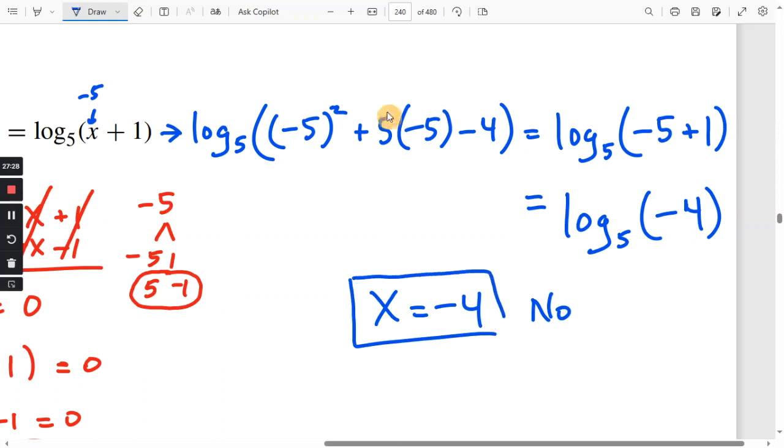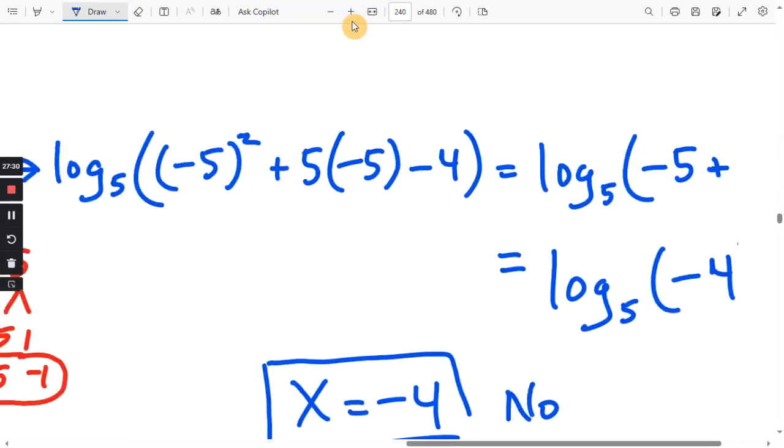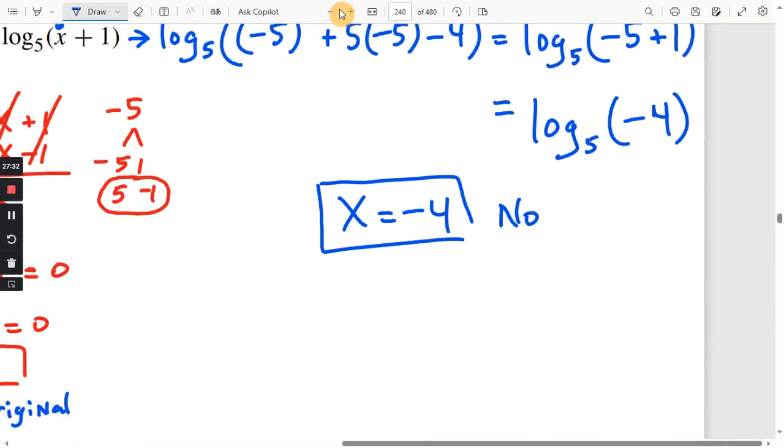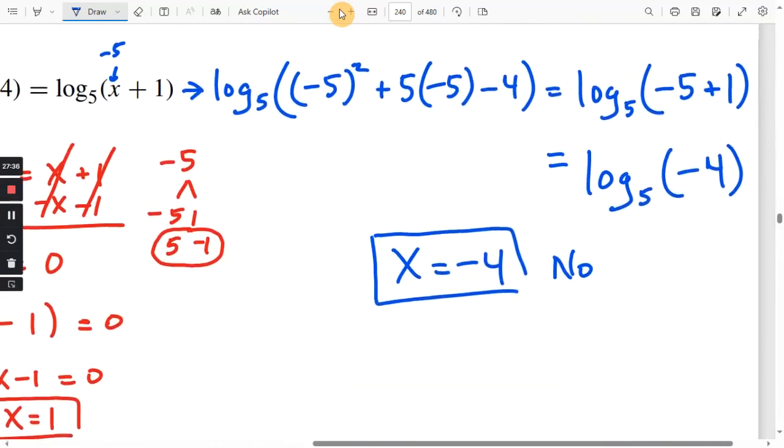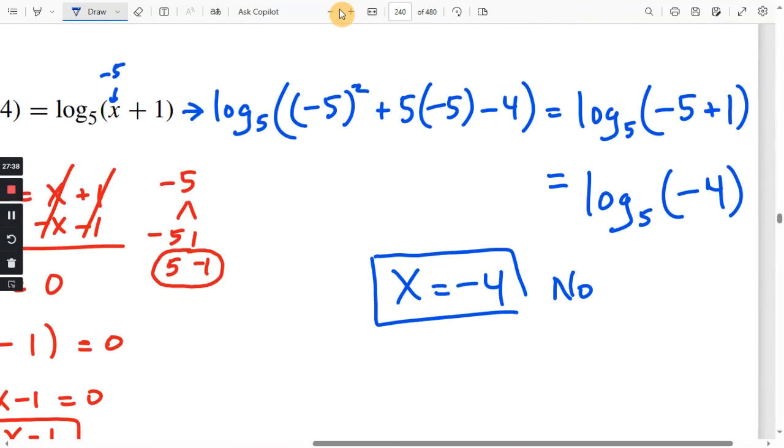So that's a no. All right, it failed the test on the right-hand side. Just curious, right here, this would be 25 minus 25. That'd be 0 minus 4. Yes, this would give you negative 4 as well. But it doesn't matter if it's log of negative 4 on both sides. You can't take the log of a negative.